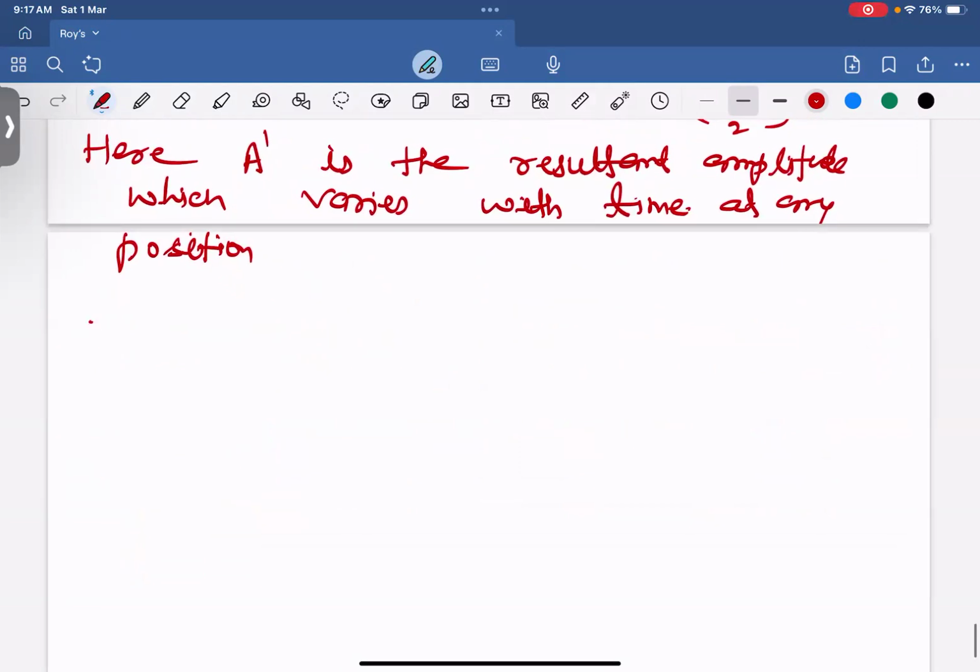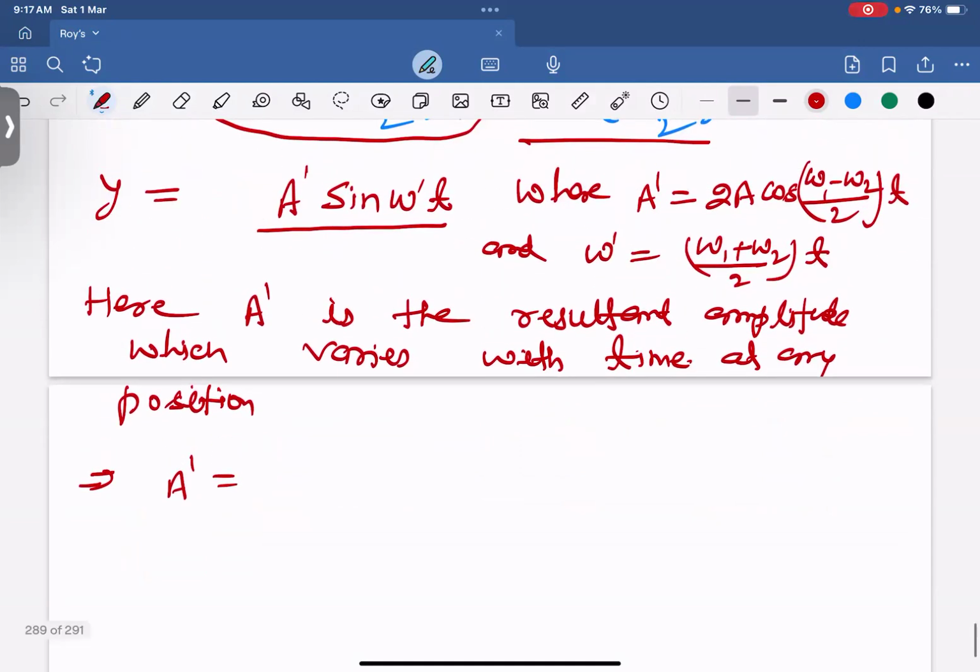Here, if you see, A dash that I have written here is 2A cos (omega 1 minus omega 2)/2 into t. Omega 1 you can write as 2 pi f1 minus 2 pi f2 divided by 2 into t.